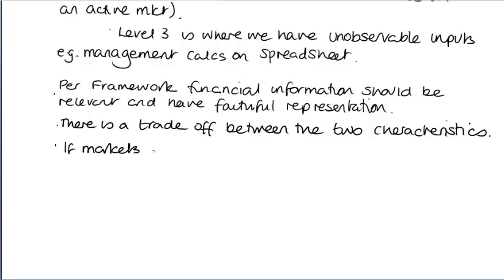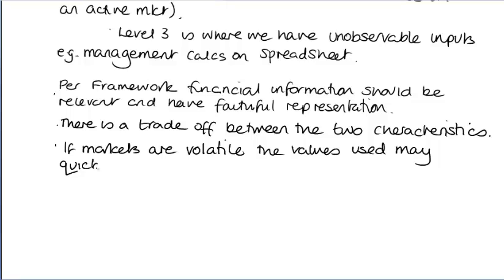If markets are volatile, the values used may quickly be out of date. If you think about share prices, they can rise and fall very, very quickly, which can cause that information to lose relevance.